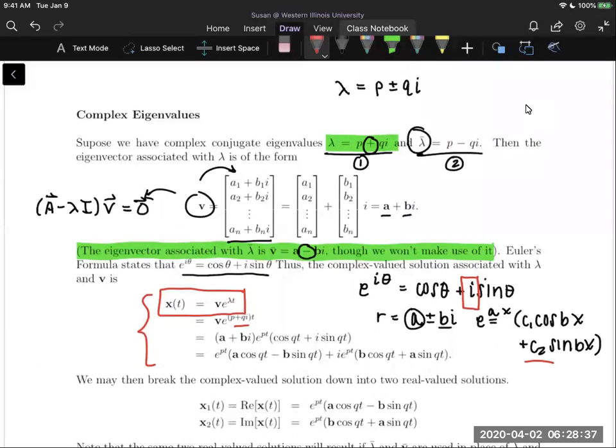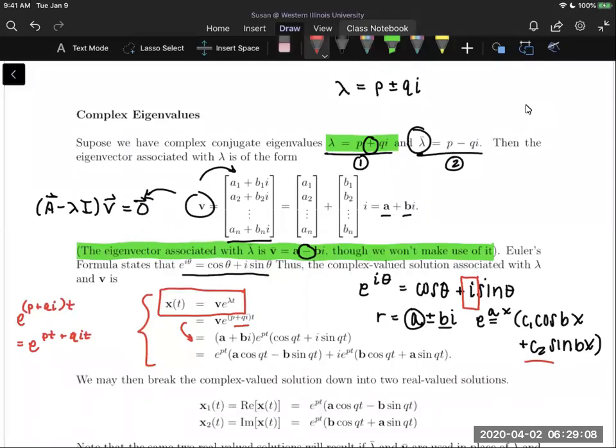From here to here is going to be using both Euler's formula as well as understanding how exponents work. Off to the side, I'm going to write that e to the p plus qi times t is e to the pt plus qit.